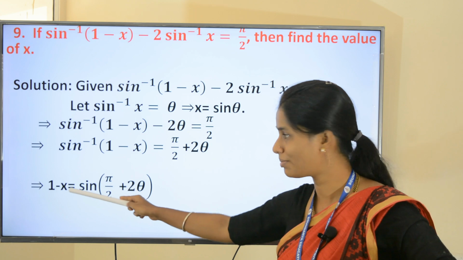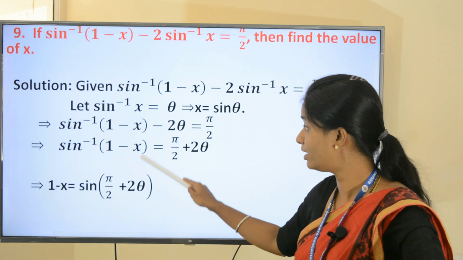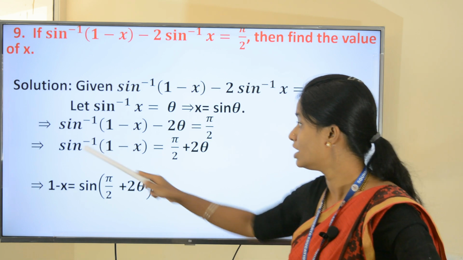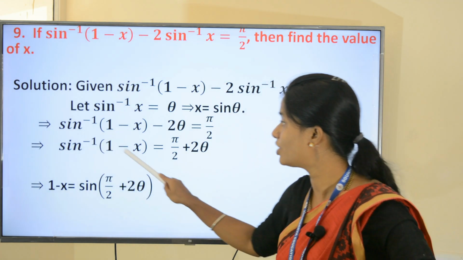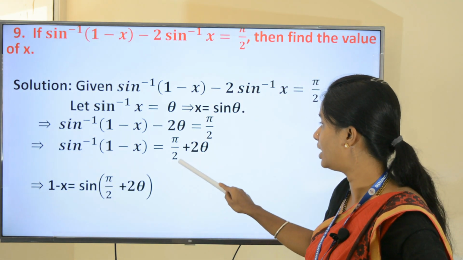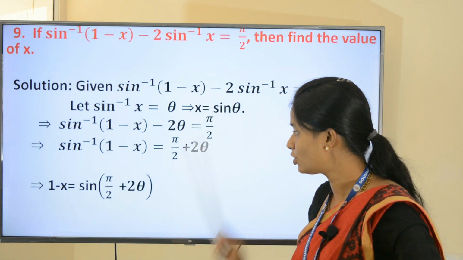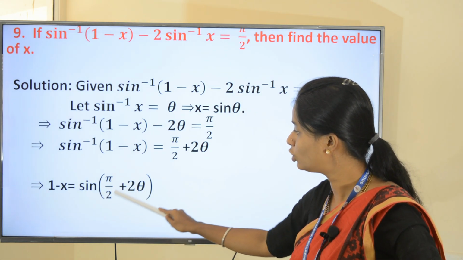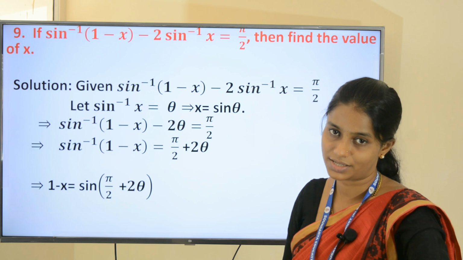How did we get 1 minus x? I told you we are going to apply the sine trigonometric function to both the sides. So sine of sine inverse of 1 minus x will be 1 minus x. Then sine of pi by 2 plus 2 theta. Pi by 2 plus 2 theta lies in the second quadrant.